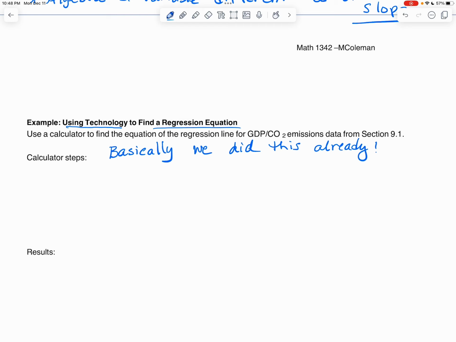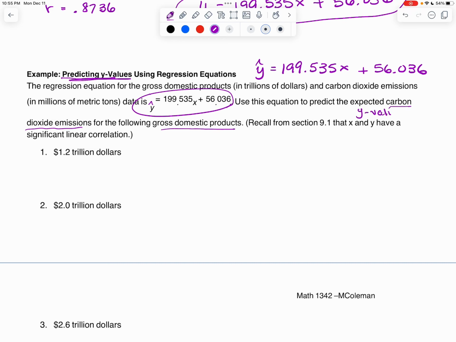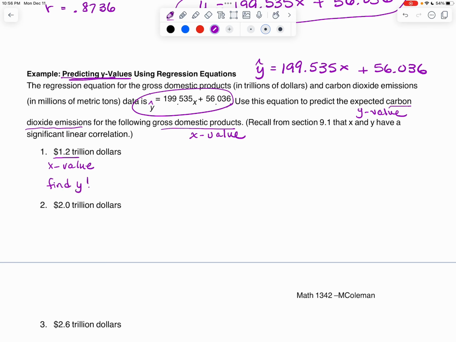So it says now use this equation to predict the expected carbon dioxide emissions from the following gross domestic products. Remember, the carbon was the y value for the following gross domestic products, which was an x value. So this is an x value. $1.2 trillion is an x value. We want to find y.